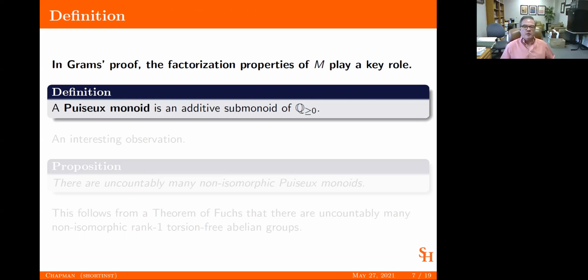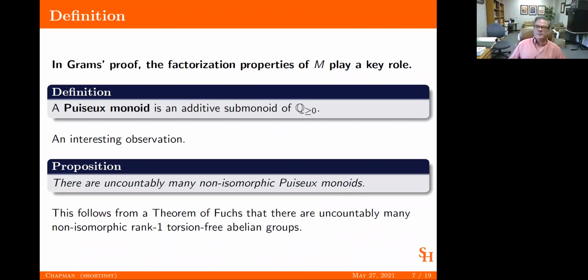A Puiseux monoid is going to be any additive submonoid of the non-negative rationals. Now, I'm going to talk a little bit about when a Puiseux monoid is atomic, and I'll have one good result in that respect, and I'll have another, the non-result, that I think needs a lot more study.